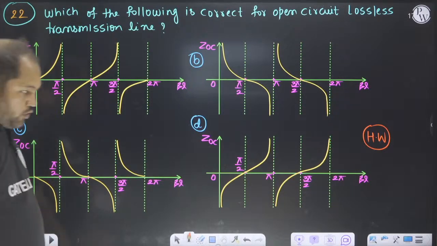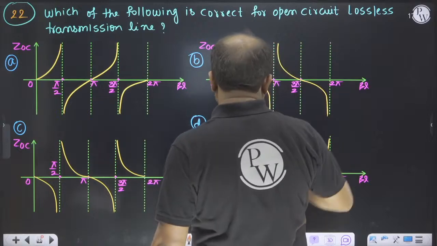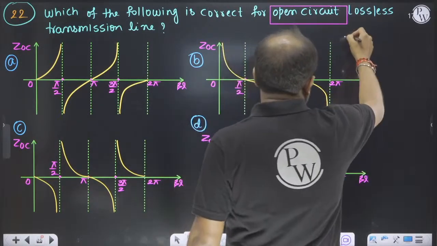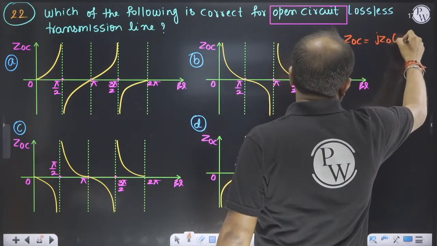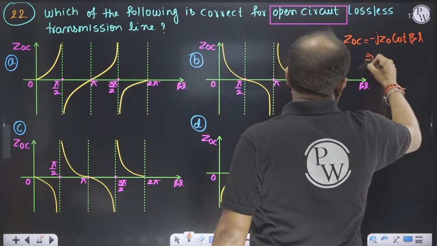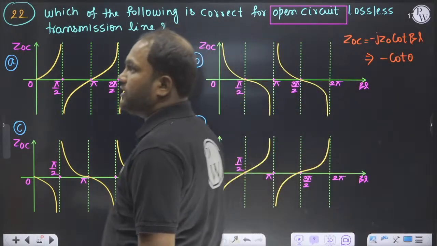This one is for the open circuit transmission line. They may ask for the open circuit transmission line. So for open circuit, what will it be? Open circuit, it will be minus jZ0 cot beta L. That means the minus cot theta graph.